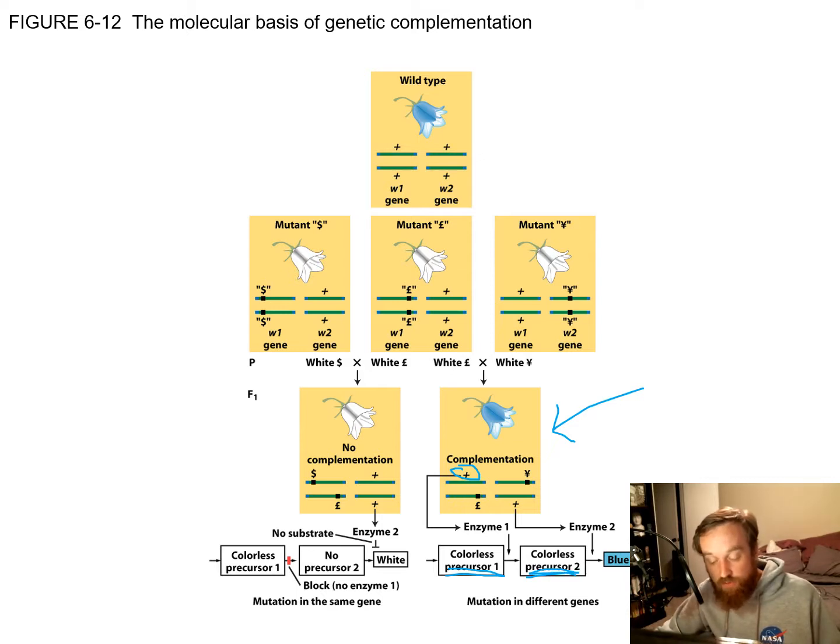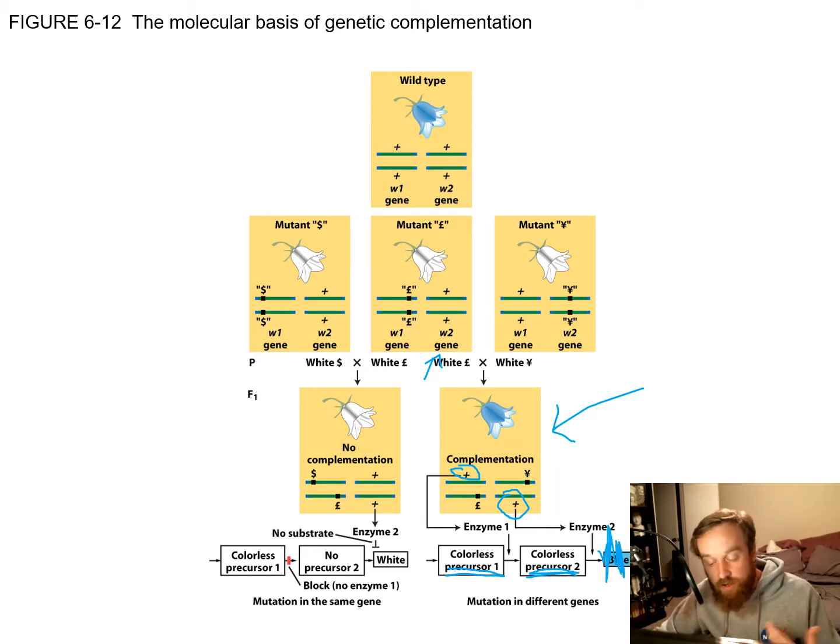And because we have one functional copy of gene W2 from the pound sign individual, it again is haplosufficient, and that is enough to change colorless precursor 2 into the blue pigment that we see.